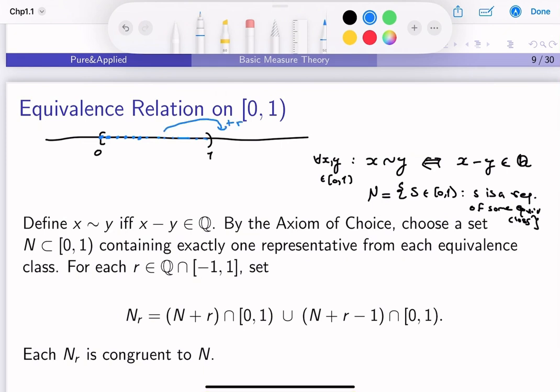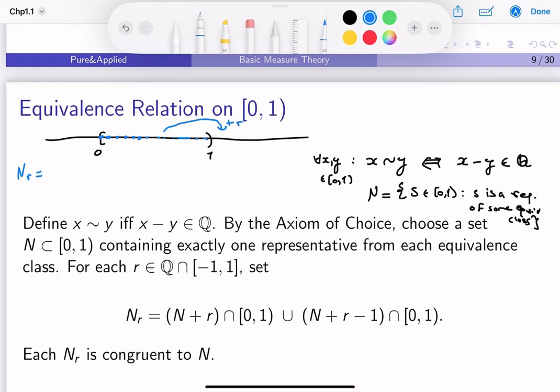We're going to add r to them. Okay. So here's what we're going to do. We're going to take [0, 1] and translate it by r, but we want all the points to fall in [0, 1] again, because we want to restrict ourselves to [0, 1].